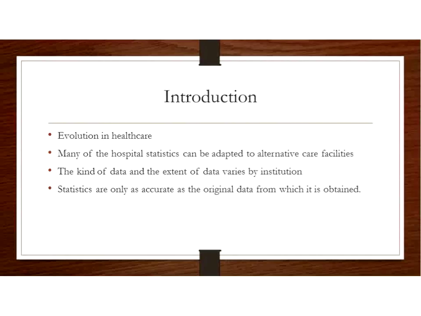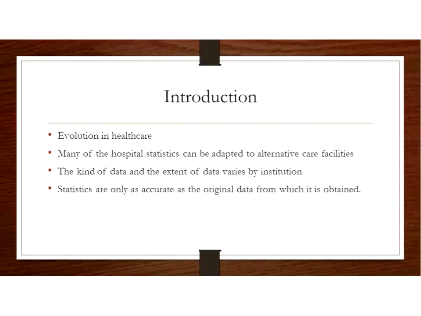We also want to remember, and I'm going to say it over and over again, that statistics are only as accurate as the original data from which we obtain it. Okay? We also need to be concerned about what type of data and how much data we are capturing.